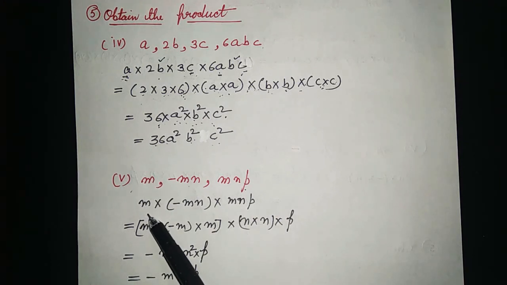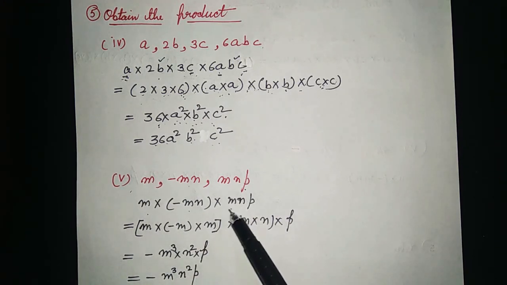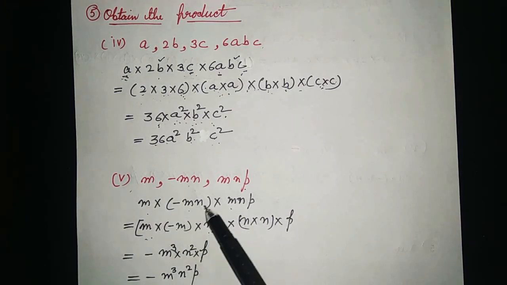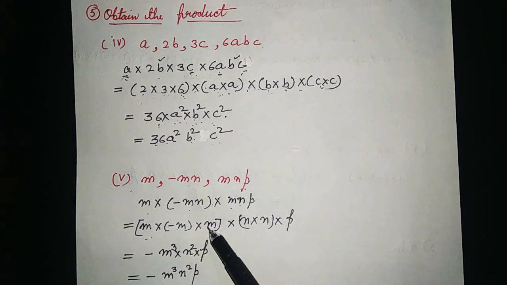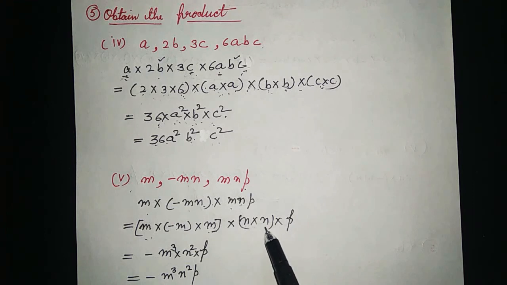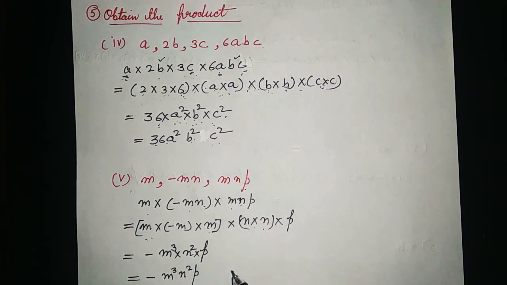First we will write m and m into minus m into this m. After this we will put sign of multiplication. Now we will write n with multiplication sign. n is coming 2 times. We can see in this step. And p is coming only once. So here we will write only p.